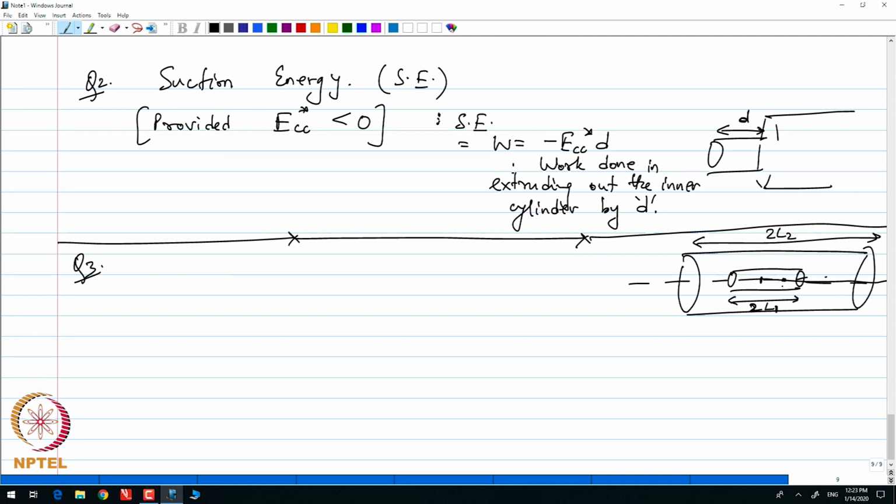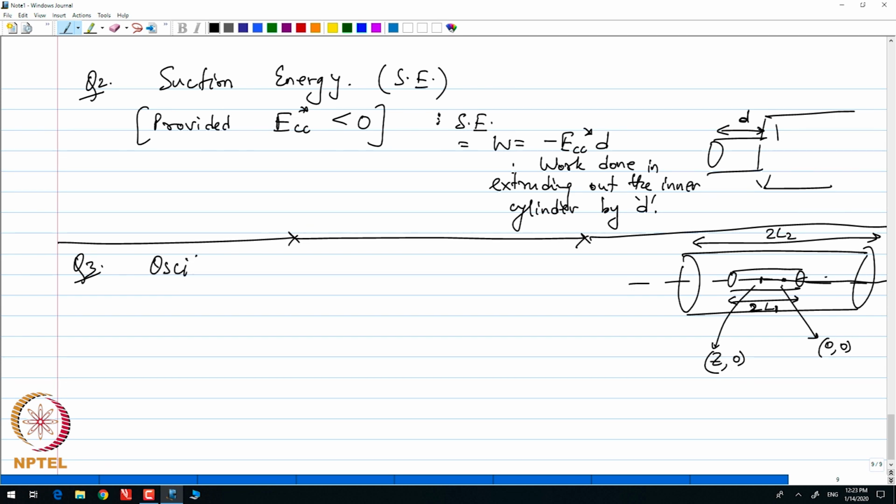For convenience I have the center of all the axes at the origin, and the center of the inner cylinder is at a distance z comma 0. So, the setup is as follows.